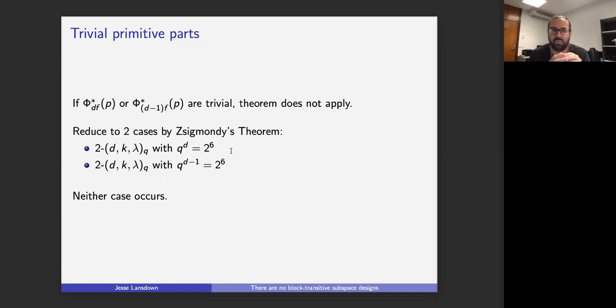And then you can do a bit of work and show that they don't exist. I can't remember all the details, but we start with some divisibility thing and show that that constrains something, and then we consider that that group can't fix a subspace, and then show that that leads to a contradiction.